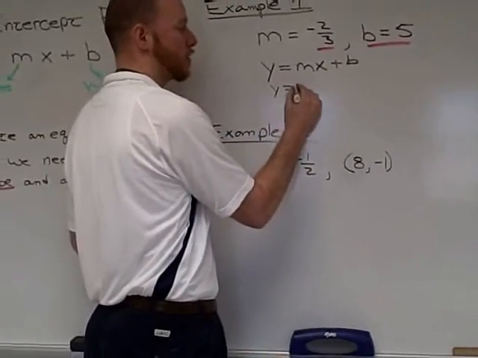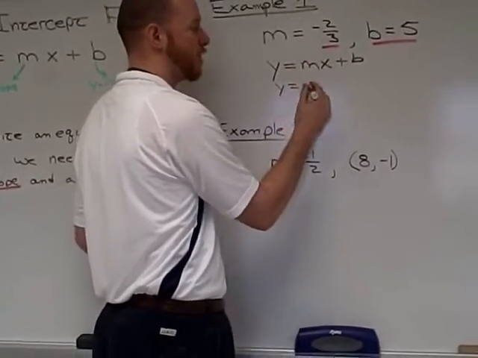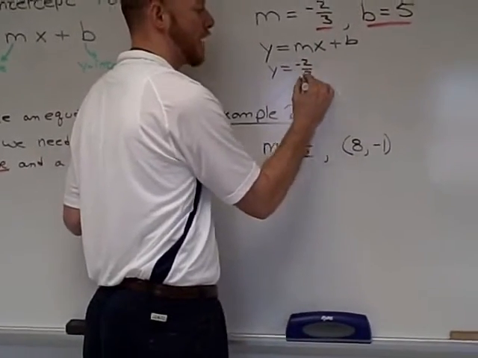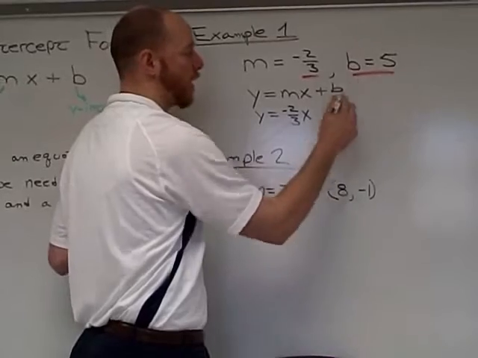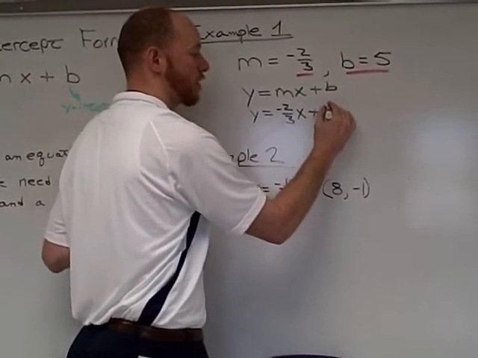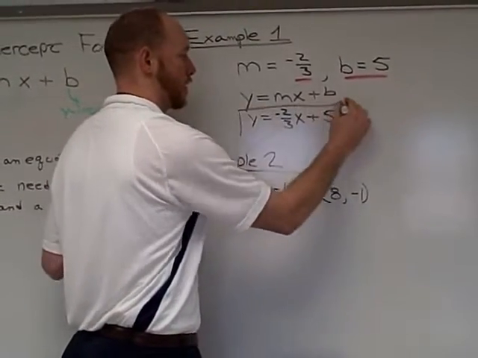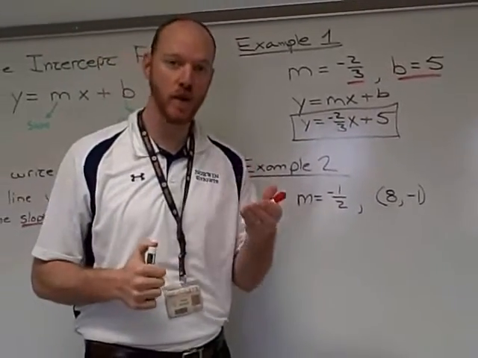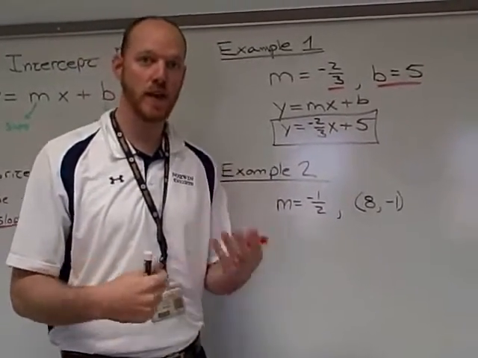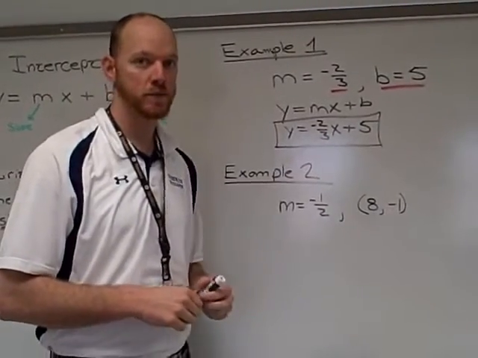I will substitute the slope in for my m value, negative 2/3 x, and put the y-intercept in for my b. That's the best case scenario whenever the slope is already given and the point given is the y-intercept.